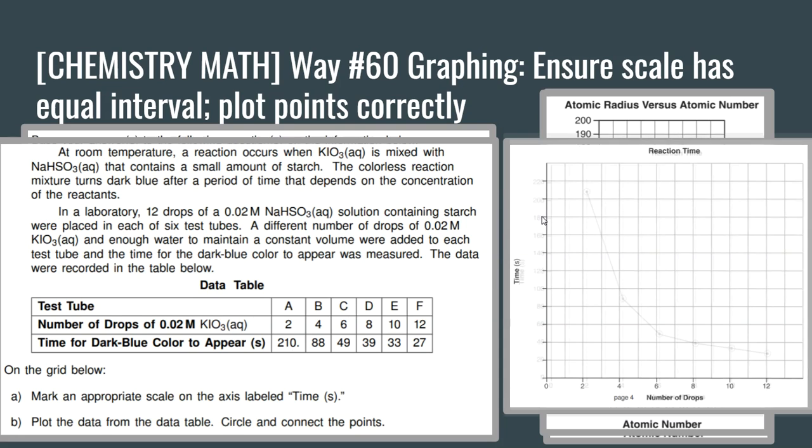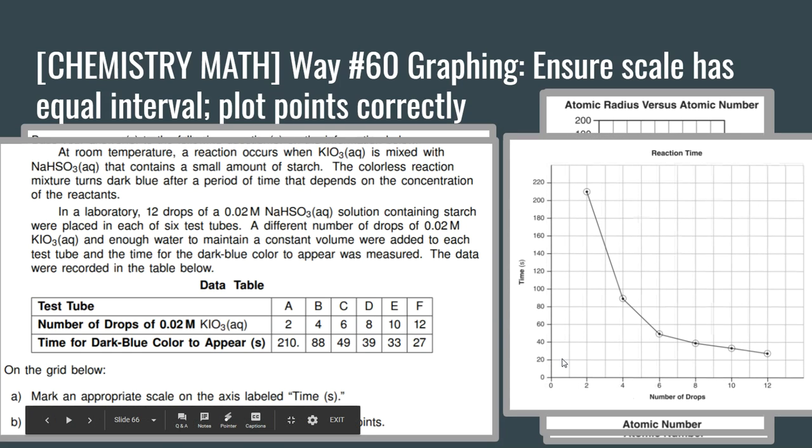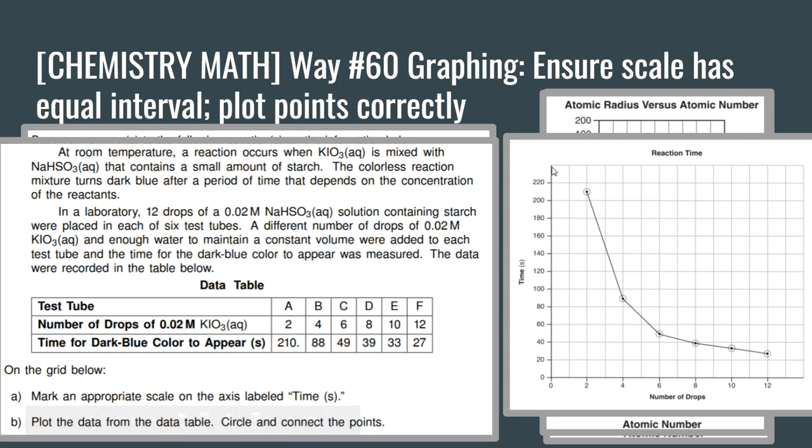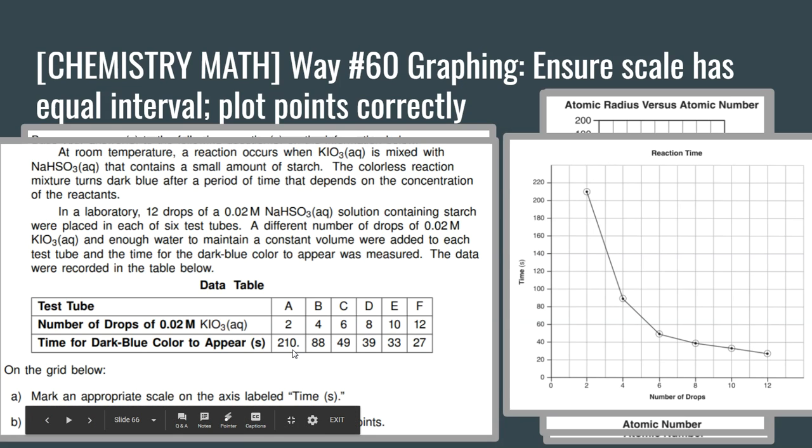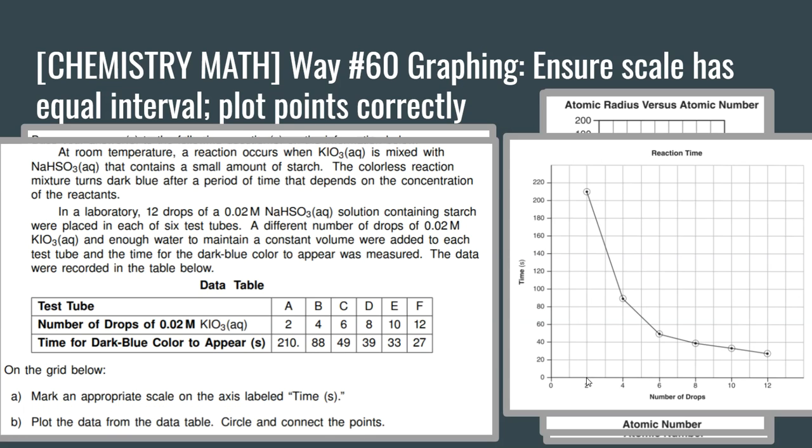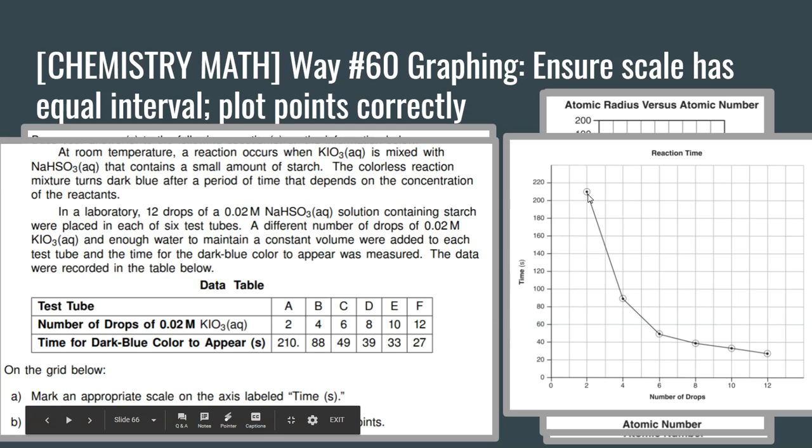Since there are 12 lines, it makes sense to count by 20s because doing so will take you to a maximum of 240, and that will be able to accommodate this large value of 210. And at that point, it's just a matter of plotting the points. At 2 drops, you have 210, which is halfway between 200 and 220.